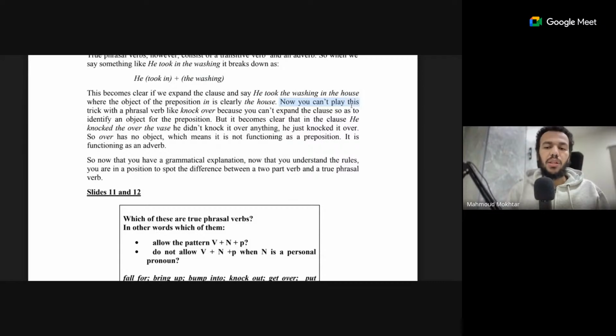Now, you can't play this trick with a phrasal verb like knock over, because you can't expand the clause so as to identify an object for the preposition. But it becomes clear in the clause "he knocked it over," the vase.